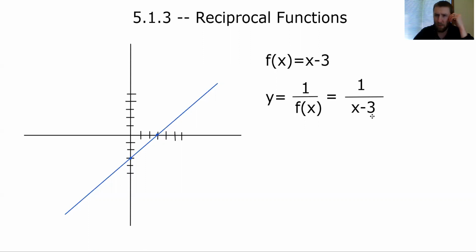So if we think about graphing this function without any sort of vertical shift, but a horizontal shift of 3 units, if I think about my asymptotes, because of this shift to the right by 3, I should recognize that I am going to have a vertical asymptote here at x equals 3.